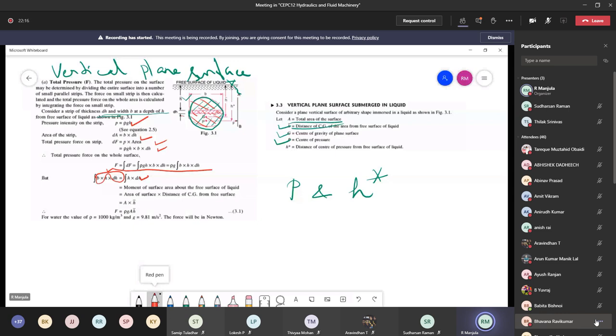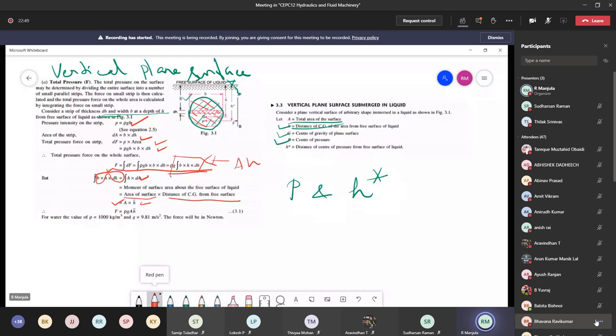And what is that actually? Moment of surface area is the area of the surface multiplied by the distance of the center of gravity from the free surface. The area of the surface is capital A, and the distance of the center of gravity is h bar. So F is equal to rho g, and the integration of b h into dh is replaced by A into h bar.